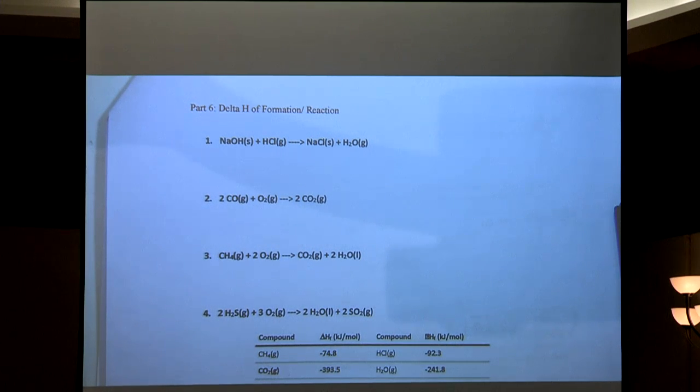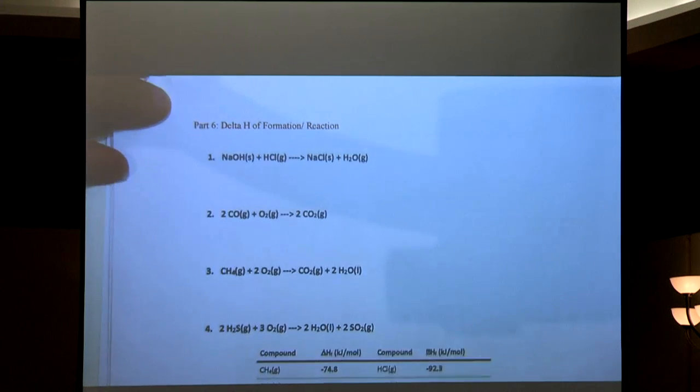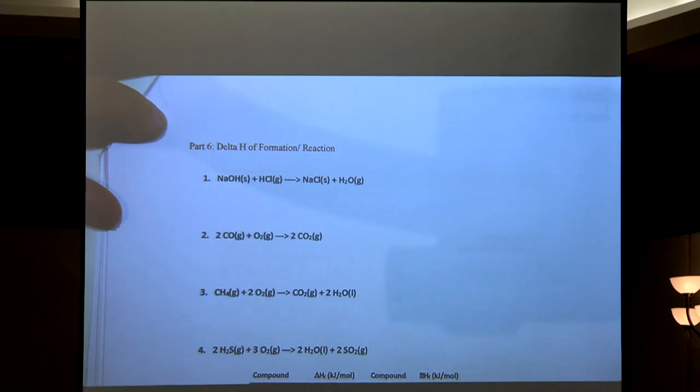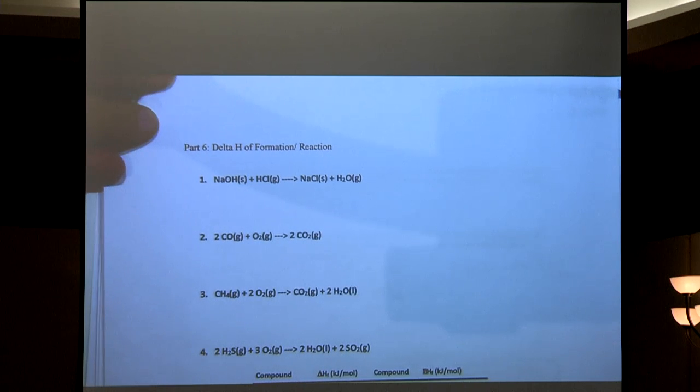Okay. So the question is, find the delta H of reaction from the standard enthalpies of formation. All right. So when you have this type of problem, what should you be thinking? What's the formula we're using?